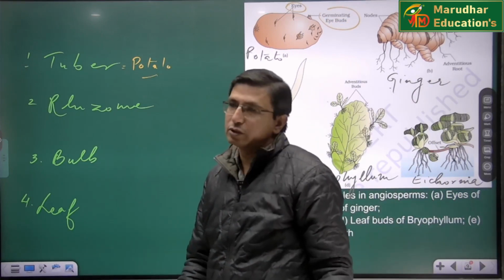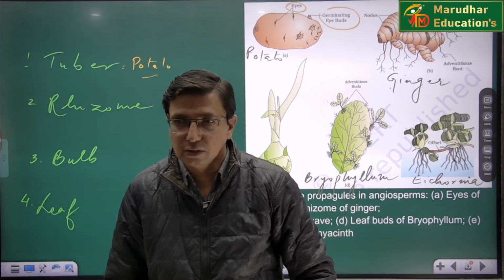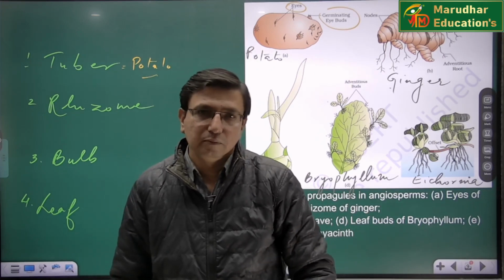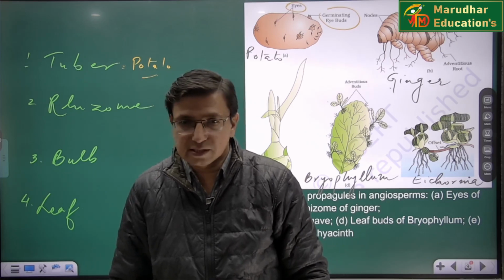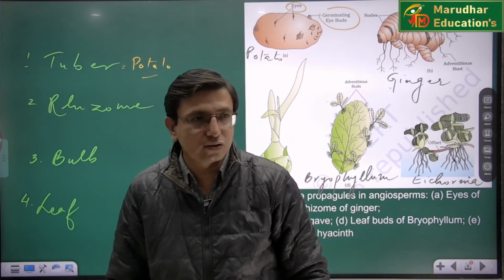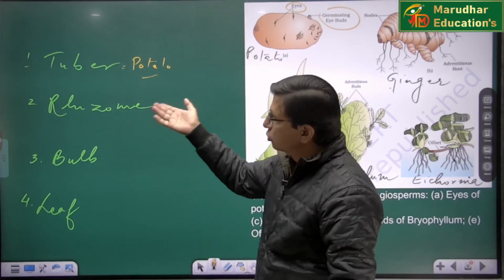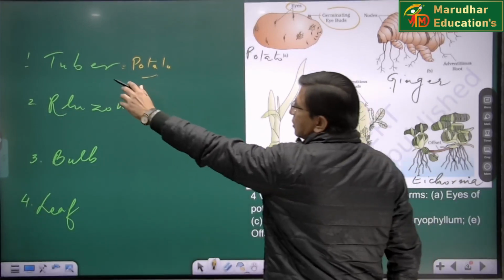Because potato is an underground stem, obviously it shall have nodes and internodes. On nodes of potato, you find small bud-like eyes. These are what? Buds. In favorable conditions, they are able to give rise to what? New plants. So tuber, vegetative reproduction by eyes present on tuber of potato.